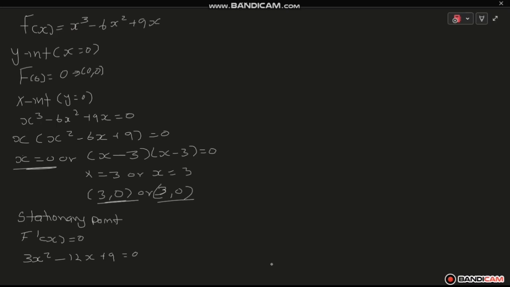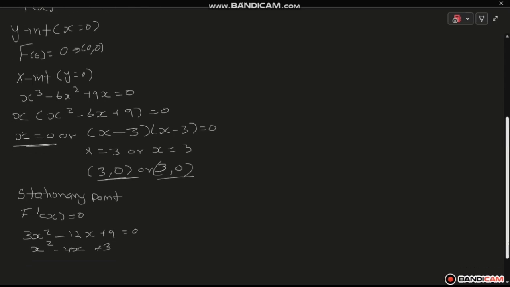All these numbers are divisible by 3. Therefore, dividing all these values by 3, we get x squared minus 4x plus 3 equals 0.